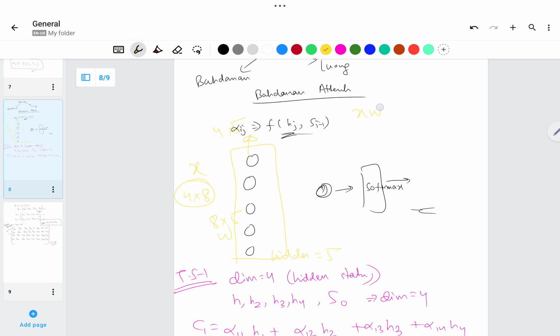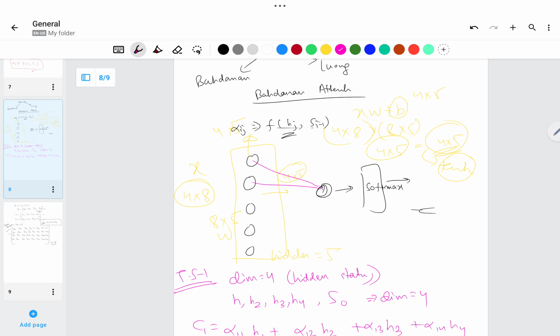So when we do these operations, 4 into 8 times 8 cross 5 will give a 4 into 5 matrix. Then the bias also has the same dimensions. So finally, after getting these values, we pass them through the activation layer. Let that be tanh. So we get a 4 cross 5 matrix as output.